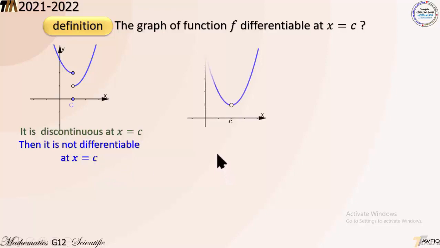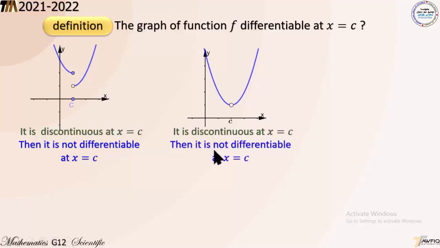The second one. As you can see in the second graph, the function is not defined at x equal to c because you have a gap point here. That means this function is discontinuous at x equal to c. Because it is discontinuous at x equal to c, this function is not differentiable at x equal to c.